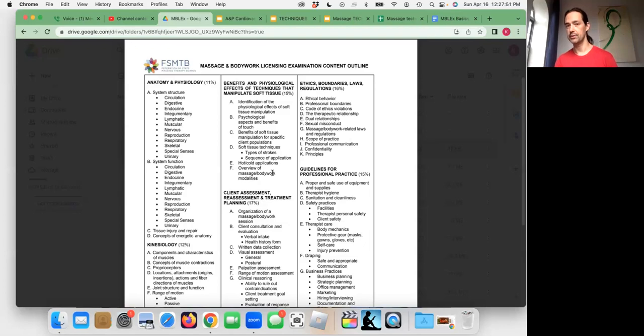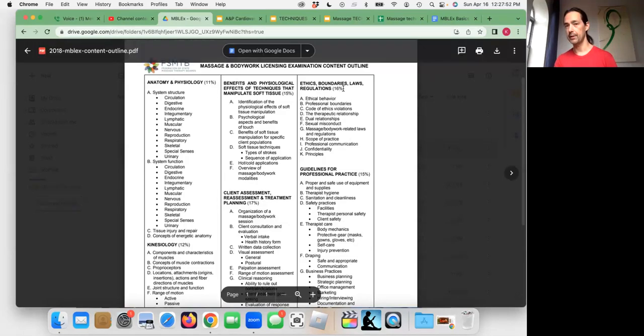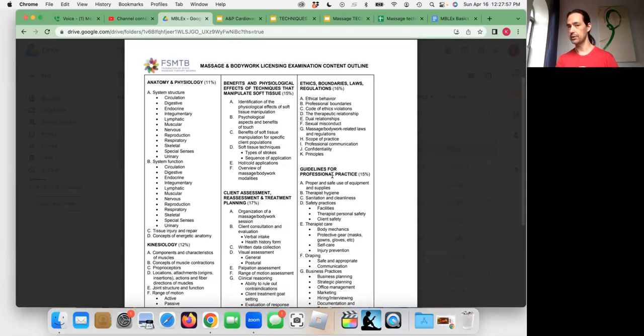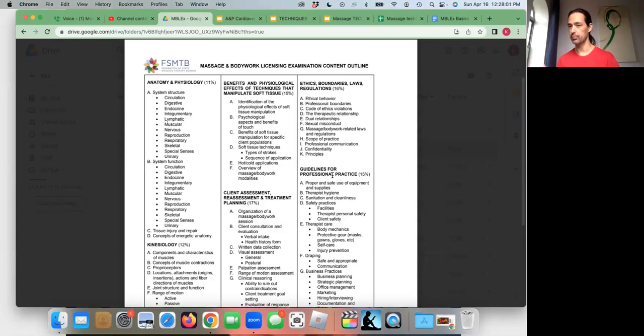And then these other three sections: client assessment, ethics, boundaries, laws, regs, guidelines for professional practice. Those I think you can prepare for the MBLEx just fine if you only do questions on your own. Like, you probably don't even need me to walk you through those, although you do need to practice them. And it would be helpful if I touched on them somewhat, like for one session or half a session.